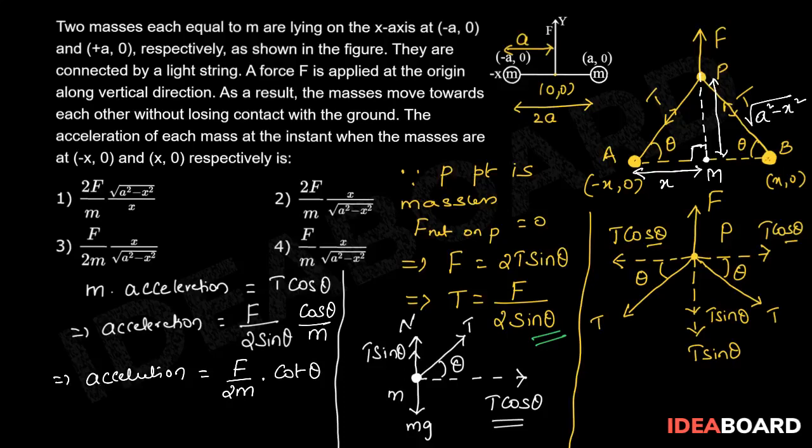So substituting that value here, we get acceleration equal to F upon 2m multiplied by x upon under root of a square minus x square. Therefore, the correct option is 3.